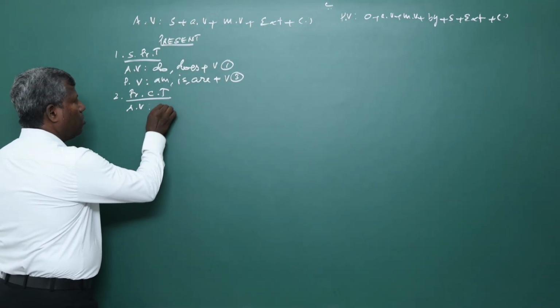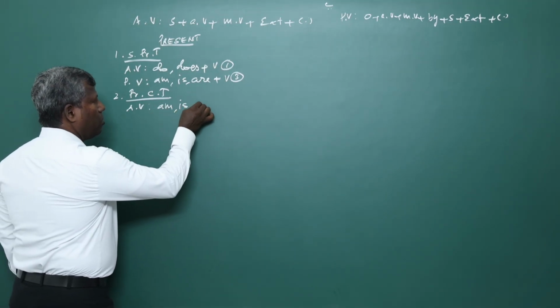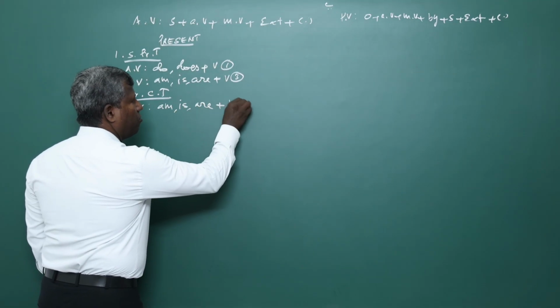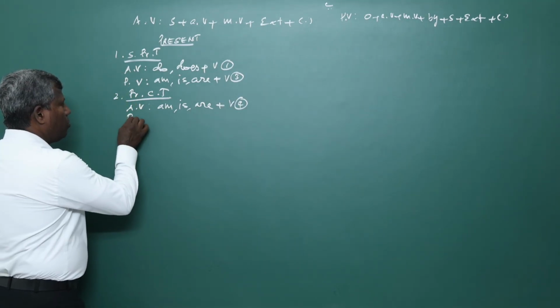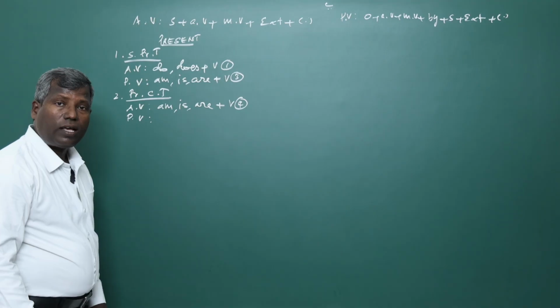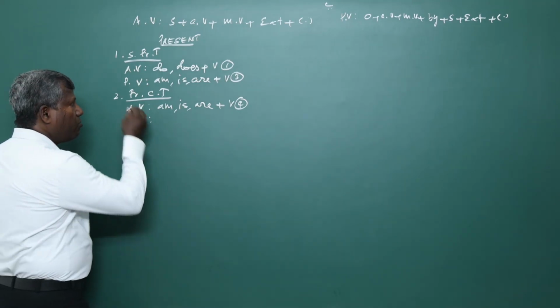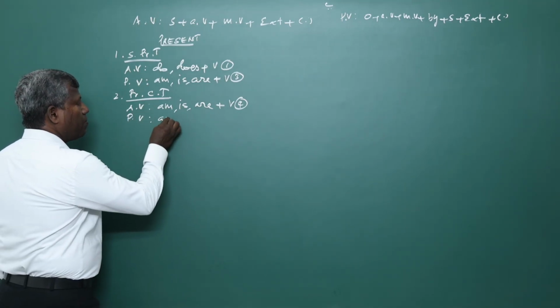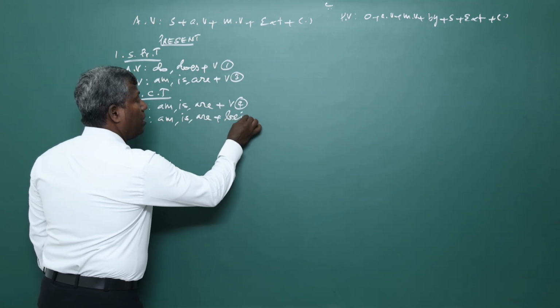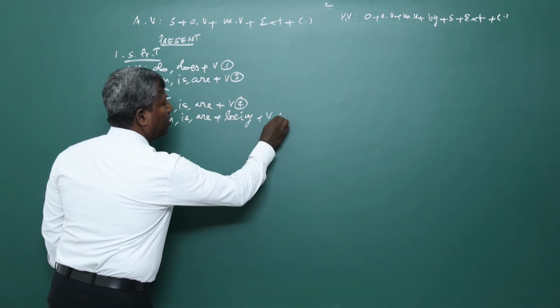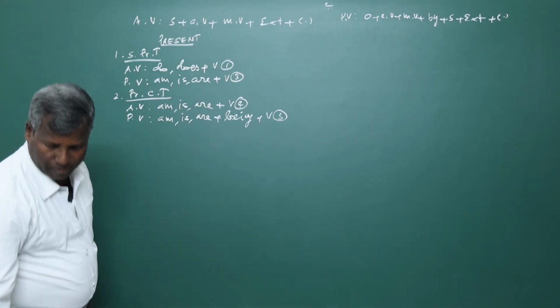The auxiliaries are am, is, are, plus the fourth form of the main verb, right? Then what about passive voice? What are the auxiliaries to be used in passive voice for present continuous tense? Am, is, are, plus being, plus the third form of the main verb, right?